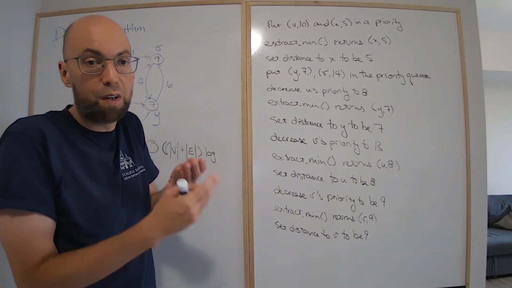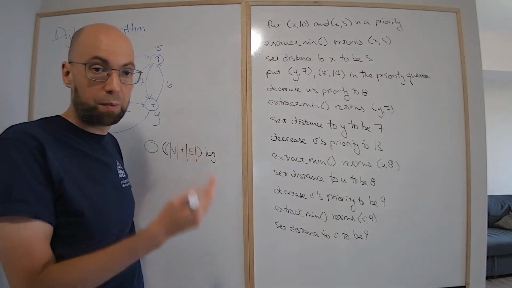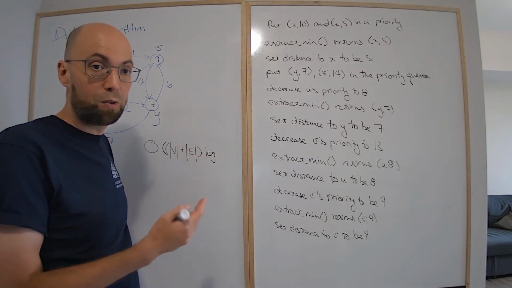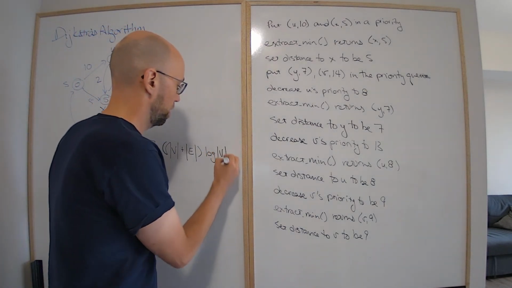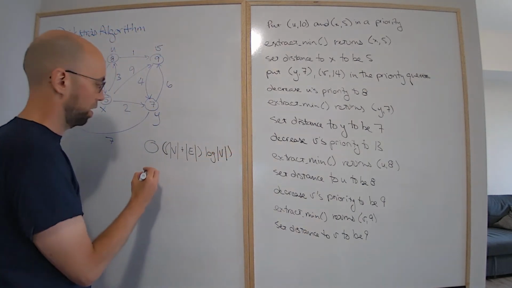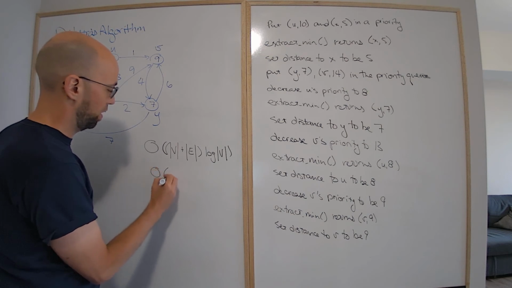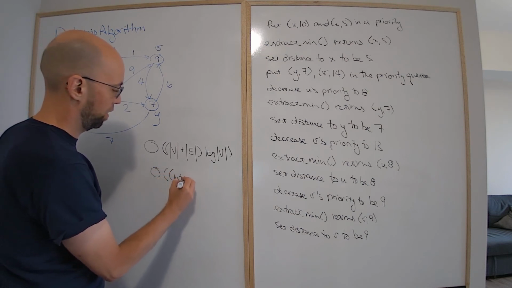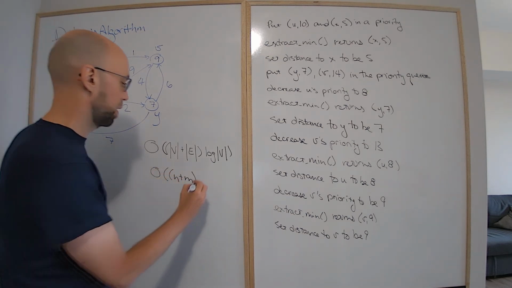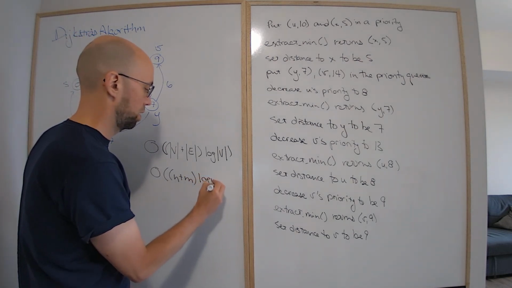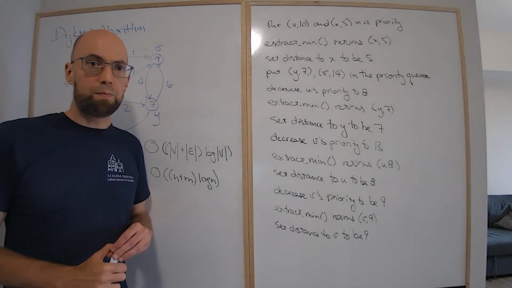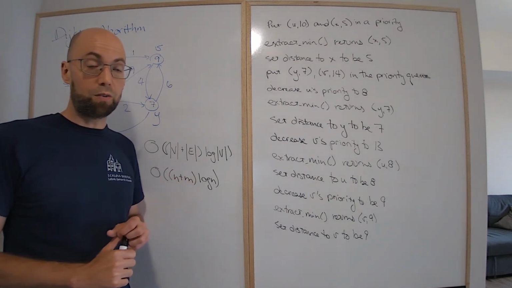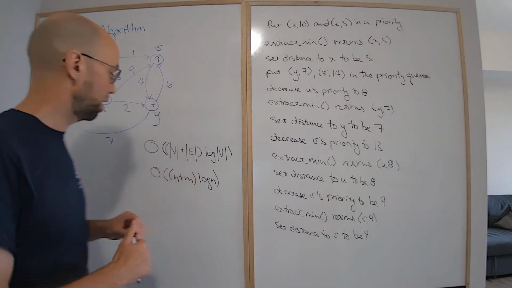You only have one key in the priority queue for each vertex, so it's going to take log V. So frequently, this is going to be written as O((n plus m) log n). So that's with a normal priority queue, which we know how to do.